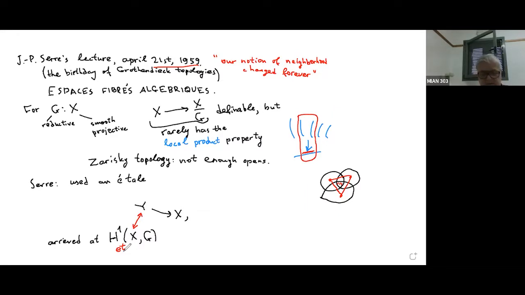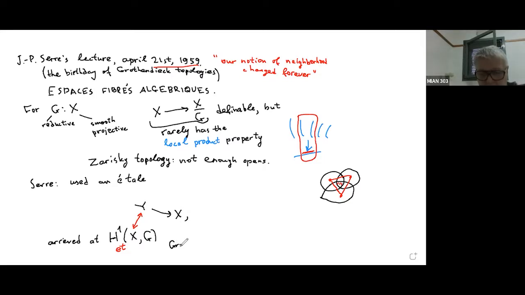So this is the first étale cohomology that appeared in mathematics, and that's why this day can be really called the beginning of the whole theory.